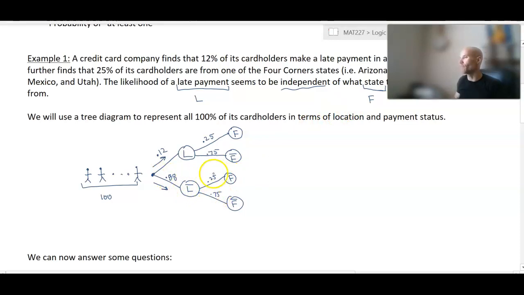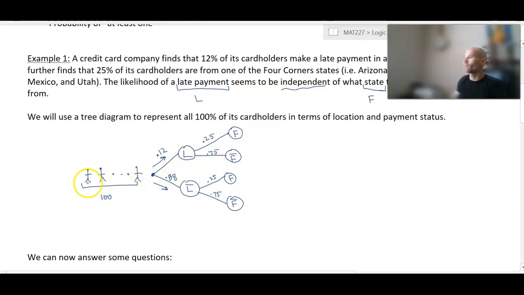So of these 88 people, 25% will walk this way. And just to give you a number, 25% of 88 is 22 people. Okay. So 22 people will make their way to the top of that 88, and then the other 66 will make their way down to the bottom. So again, notice that at any pair of rungs, they have to add up to 100%.